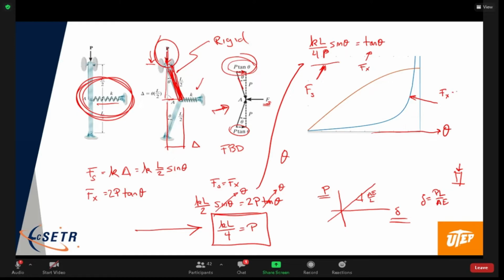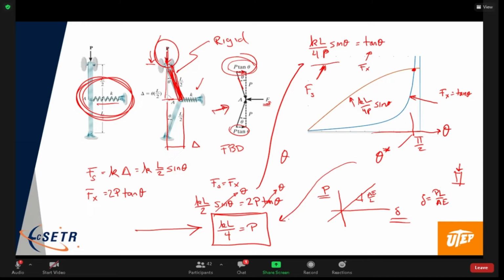This is the tan theta plot. And you can see here at 90 degrees, pi over 2, it's singular, right? This here is the plot of Fs, the KL on 4P sine theta plot. Right here where they intersect, that is the equilibrium solution. That is the solution that we basically get from here.